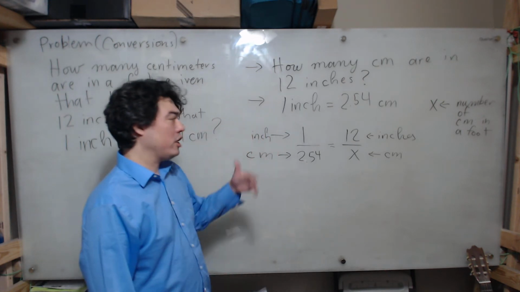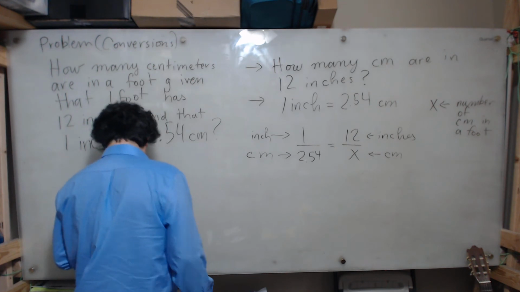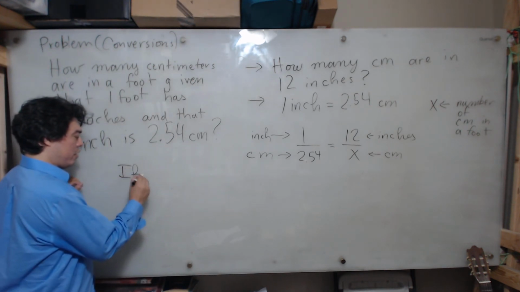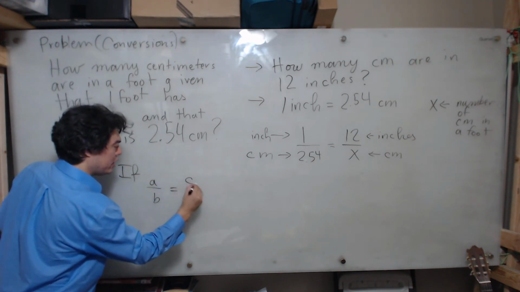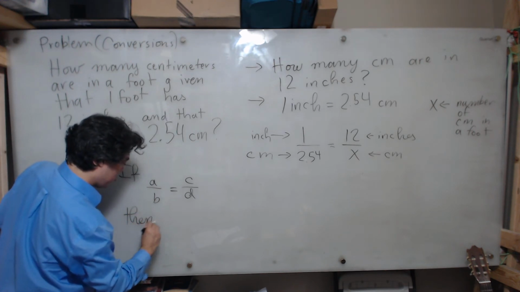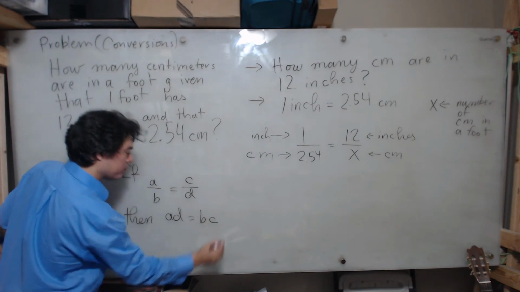Okay, now let's proceed. Again, we remember the universal technique for solving proportions, that if A over B equals C over D, then AD equals BC.